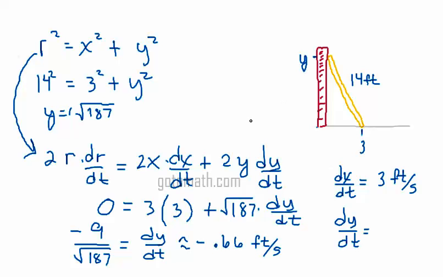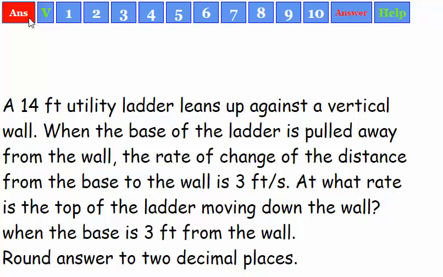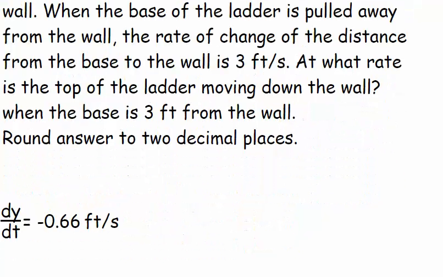Or we could also say the rate at which it's sliding down the wall is 0.66 feet per second. But because we're labeling it as dy over dt, we label it as negative 0.66. So clicking in the answer here, that's what you're going to see: dy over dt is equal to negative 0.66 feet per second. Remember, this tells us the direction.